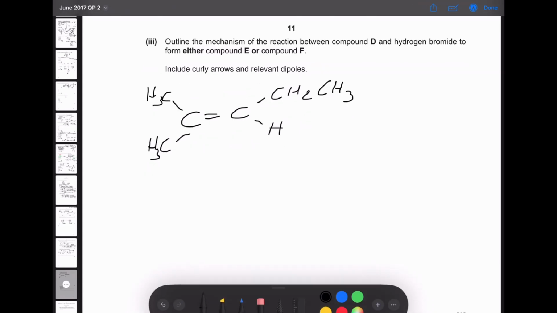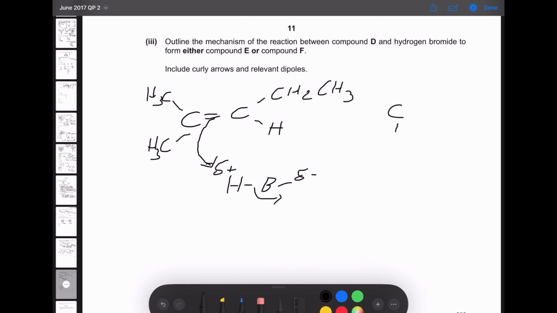Yep, that's right. So, if we take our hydrogen bromide, this is going to become a dipole, shift our arrow this way, and then our arrow is going to go from our double bond. We're donating the electrons towards the hydrogen. Remember, that's what a curly arrow means, a movement of a pair of electrons.